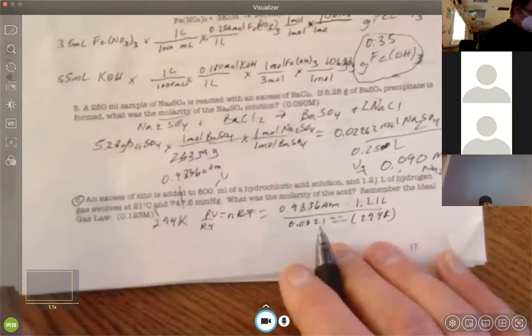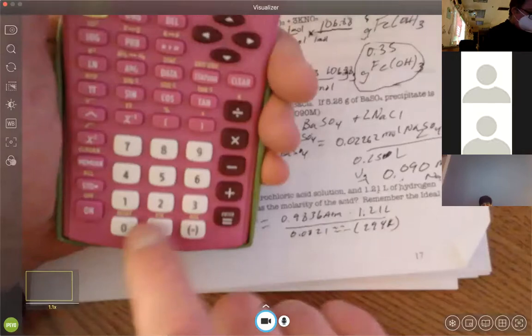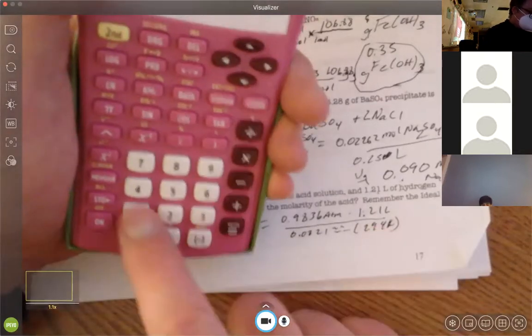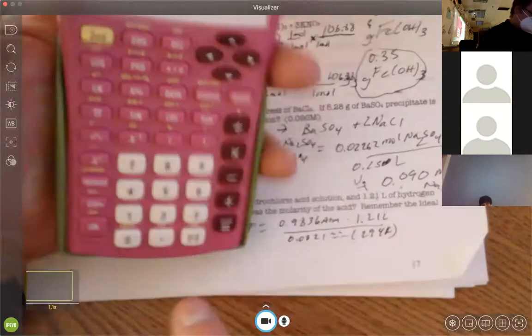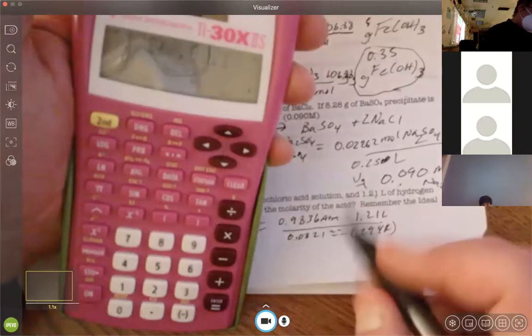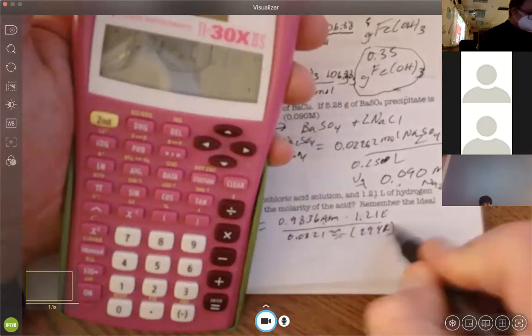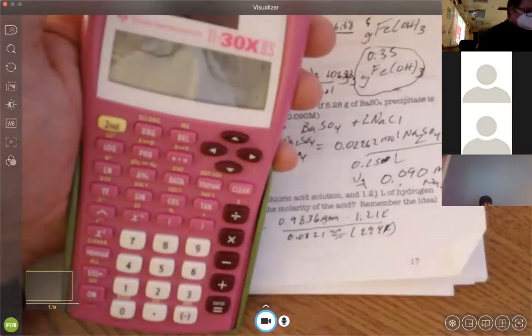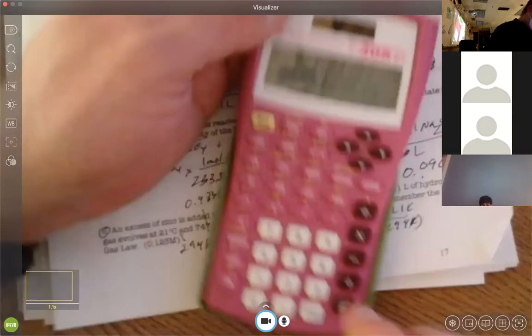So 0.9836 times 1.21 divided by 0.0821. All those good units cancel out here, except for moles, and then divided by 294. So we get 0.049 moles.